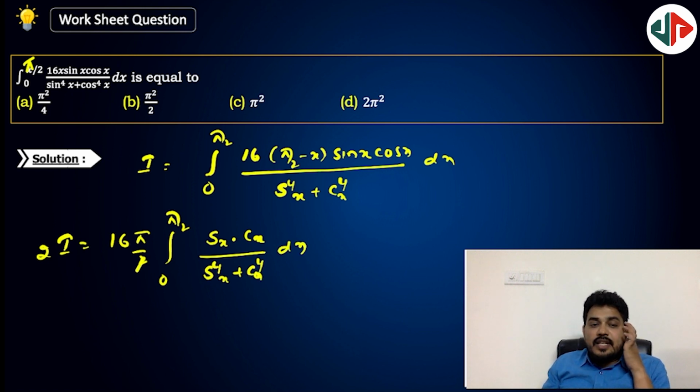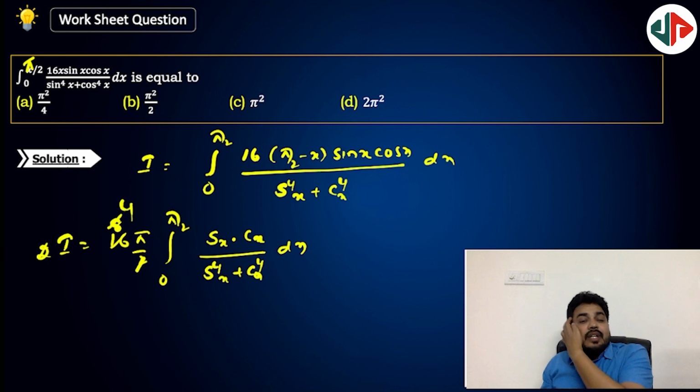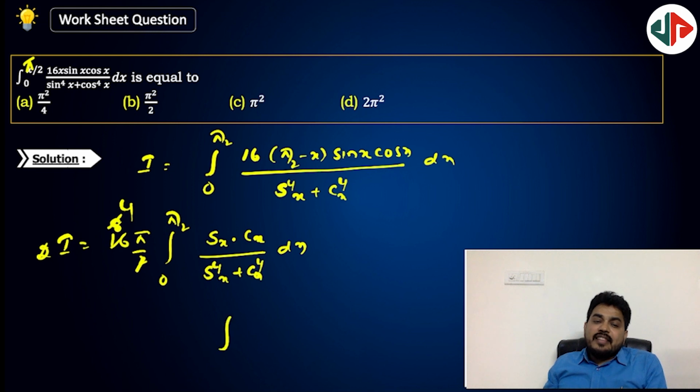2 ones are 2, 2 eights are 16, 2 ones are 2, 2 fours are 8. So 4 pi into this value, sin x cos x by sin power 4x plus cos power 4x. If I divide by cos power 4x, this is 0 to pi by 2, and 4 pi is outside. Even you can write this value as 2 times 0 to pi by 4. I'll divide numerator and denominator by cos power 4x.